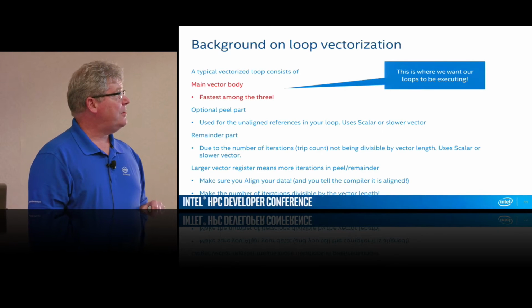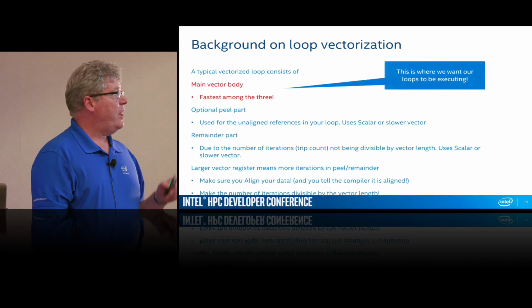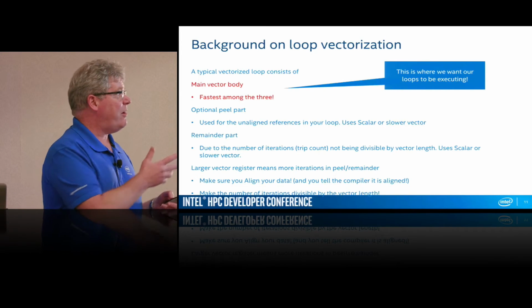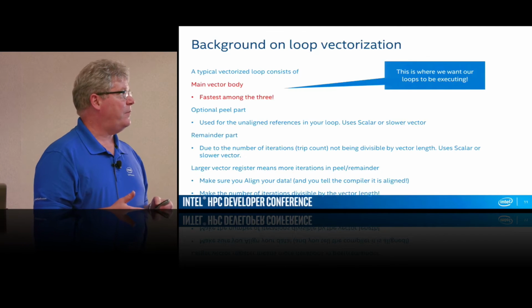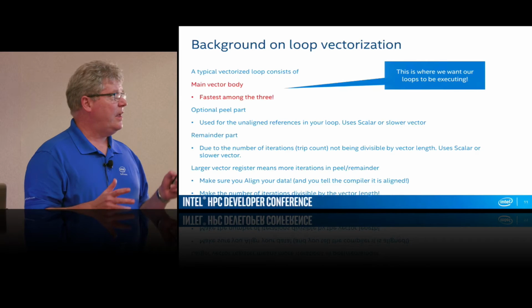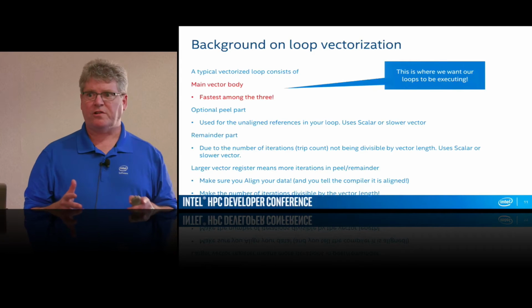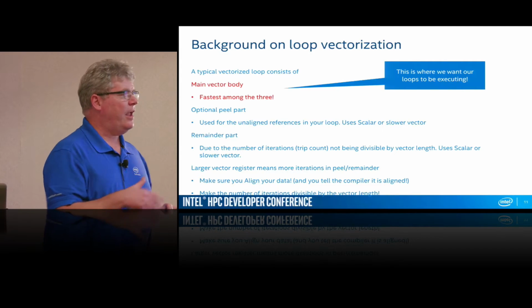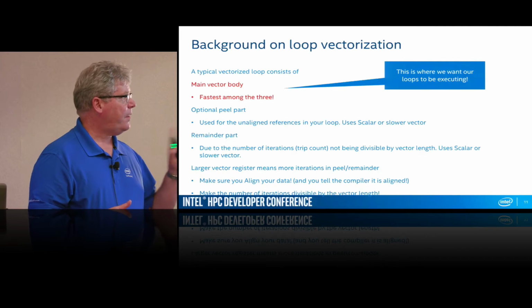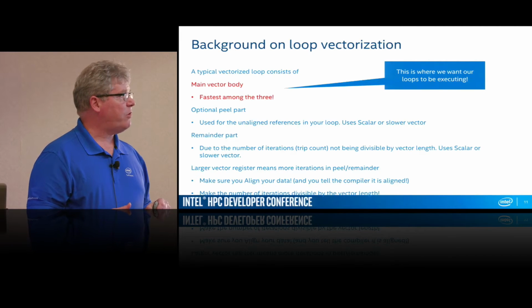Next is an optional peel part. If the compiler detects that you're using unaligned accesses, it will optionally generate a peel part. Usually it will use either scalar instructions for this peel part, or it can also generate slower vector instructions for that peel part. The next part of the loop is called a remainder part.